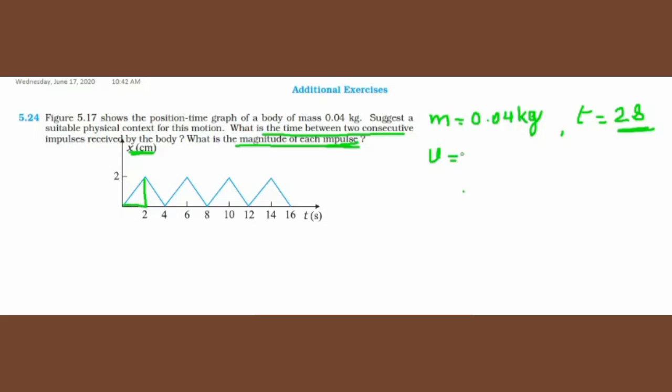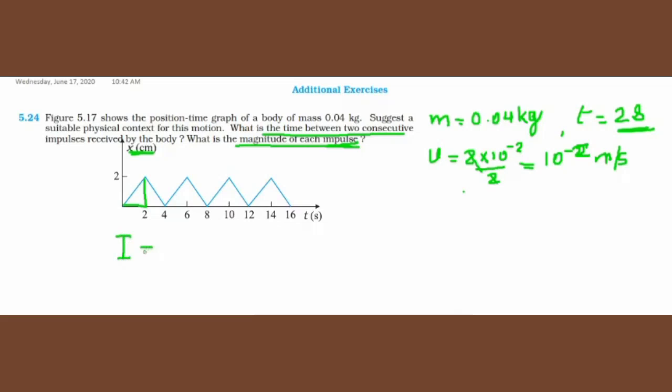So the y segment is 2 into 10 power minus 2 centimeter, you have to convert to meter, divided by the x segment 2. So you will get velocity is equal to 10 power minus 2 meter per second.